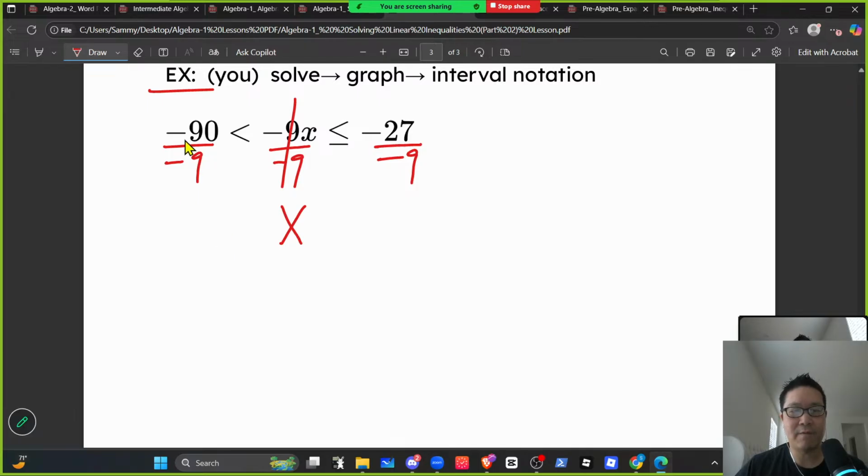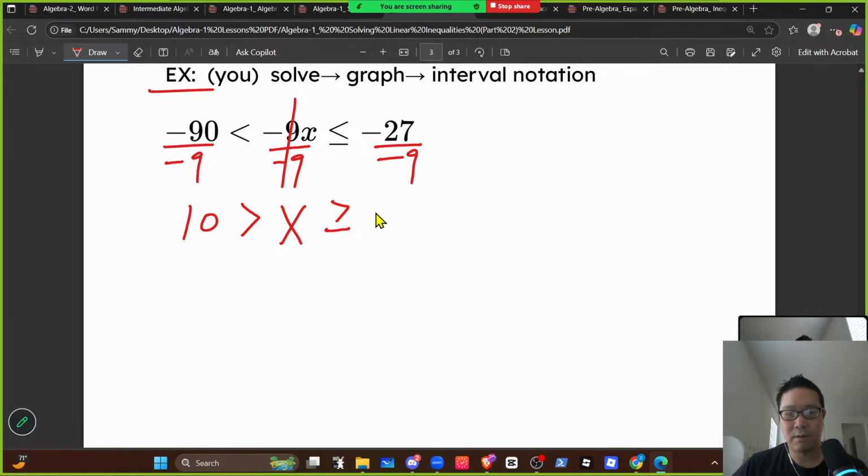Now, here we have -90 divided by -9. Since we're dividing by negatives, we have to remember to flip the signs. Yeah, the signs flip, because all sides are being divided by -9. And what's -90 divided by -9? 10. And what is -27 divided by -9?